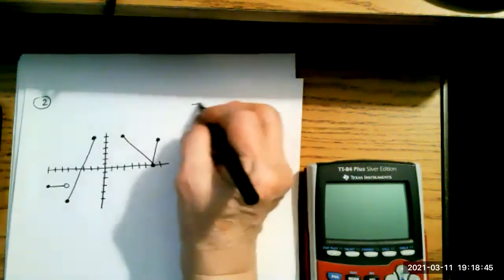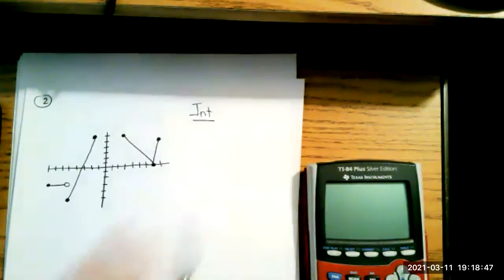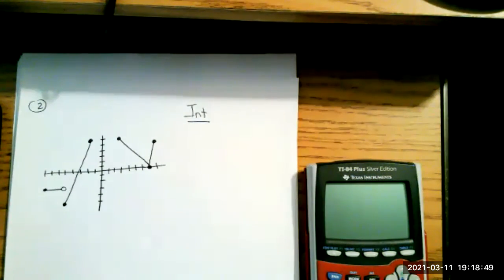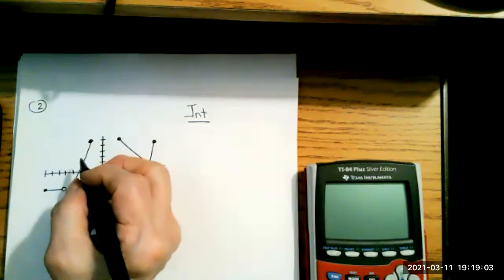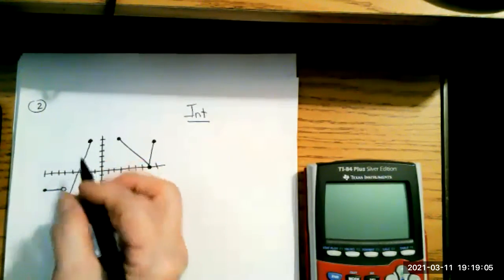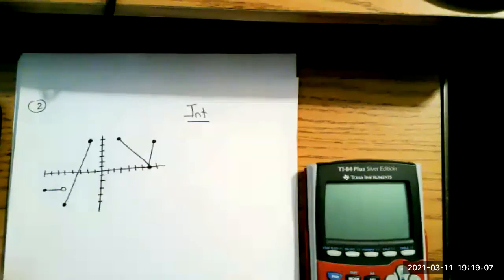All right, let's try this one. Now remember, we're in intervals. Let me pick somebody that thinks they can do this. Let's see, Marlisha, you think you could do this one? I'm still trying to catch on to these. You can give me the next one. First of all, what do you need to do this?